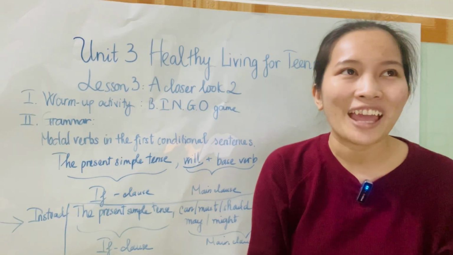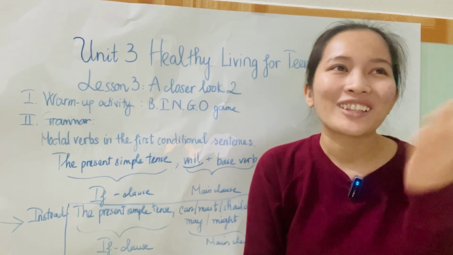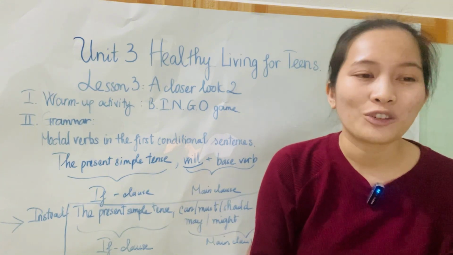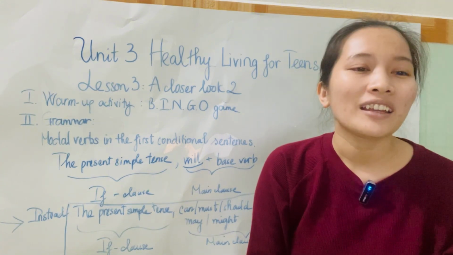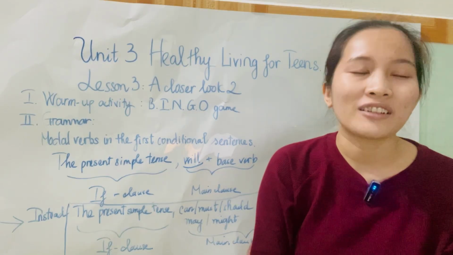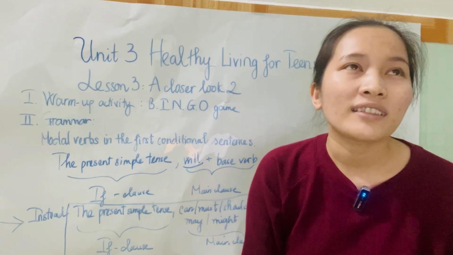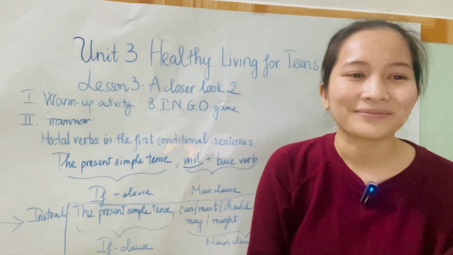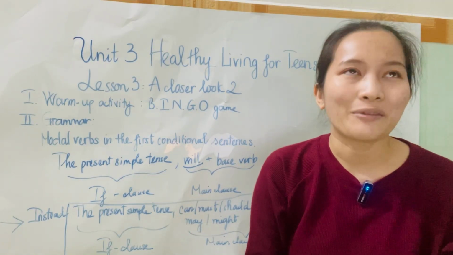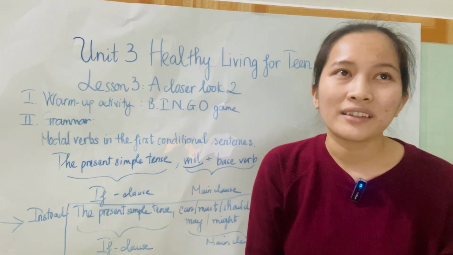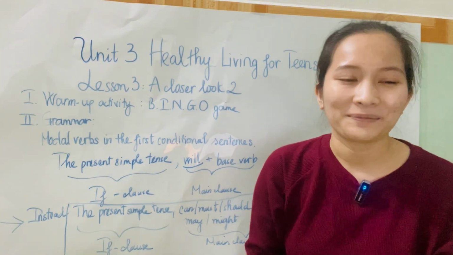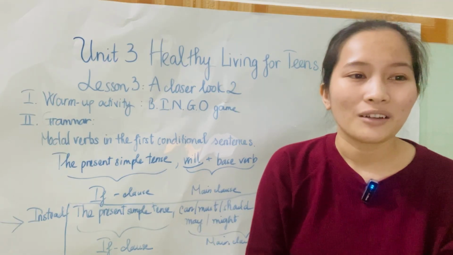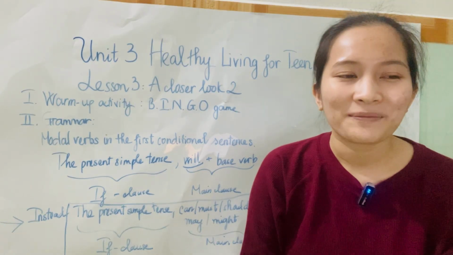Who can read, please? Jessica. If you want to manage your time effectively, you must get rid of all the distractions. So, Jessica, what modal verb do you see here? Must, correct. And what does must mean? Excuse me?